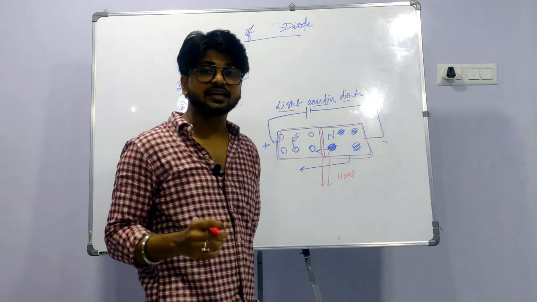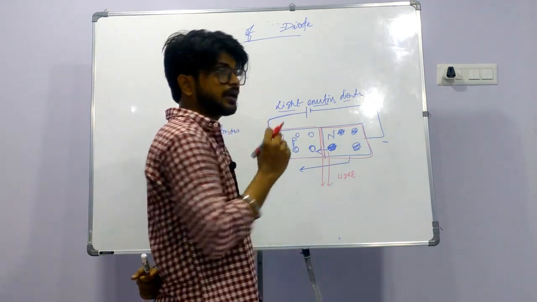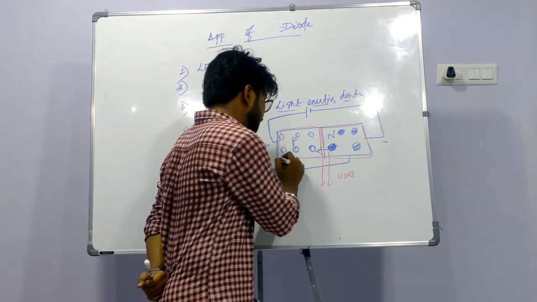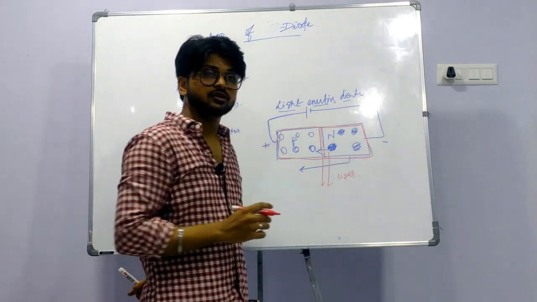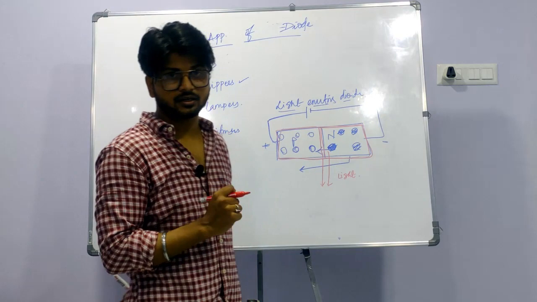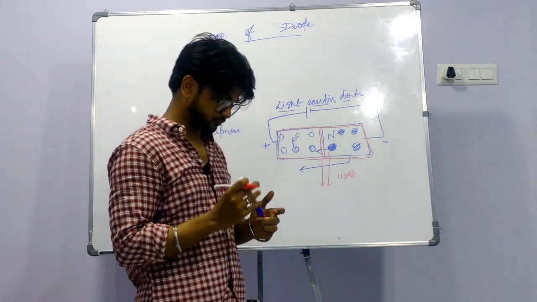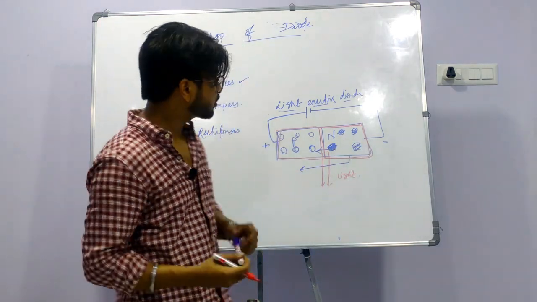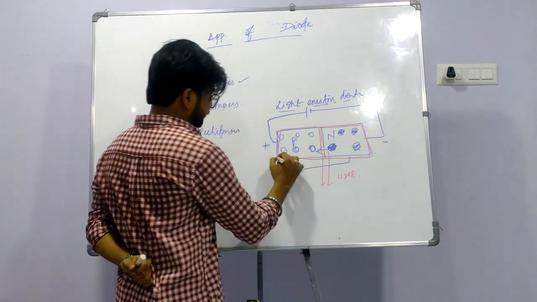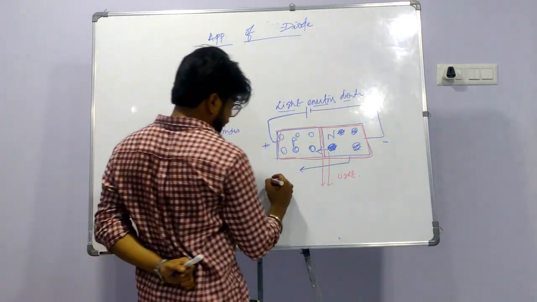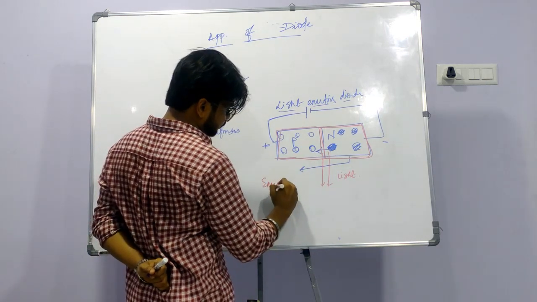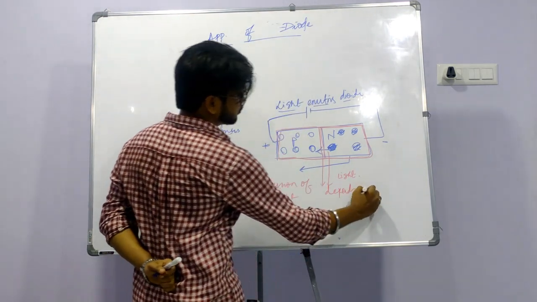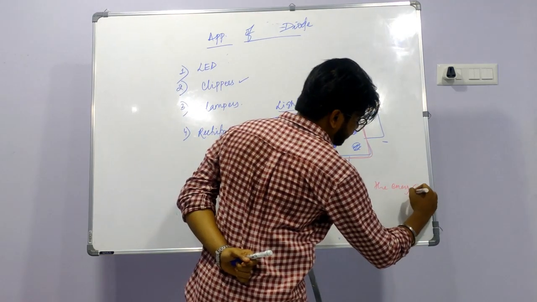The emission of this light is possible if and only if the energy gap between the valence band and the conduction band of the semiconductor used in this PN junction is adequate. So the emission of light depends on the energy gap.